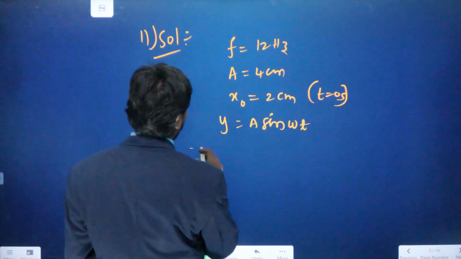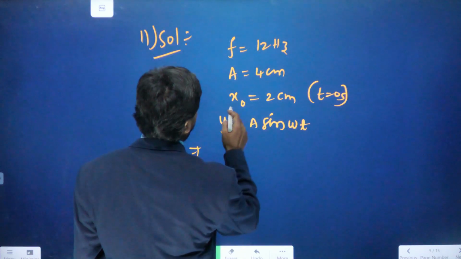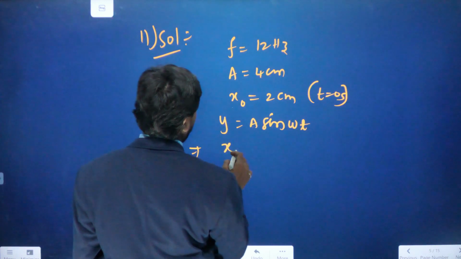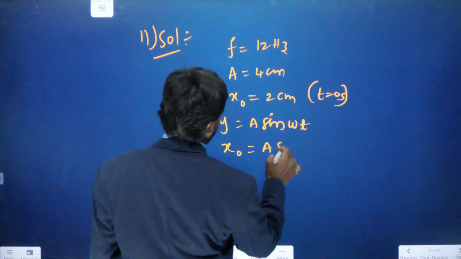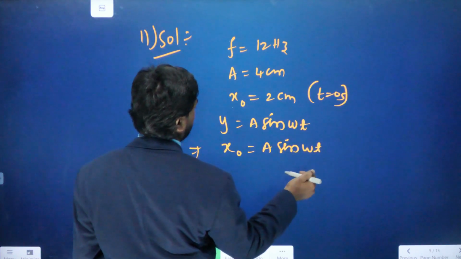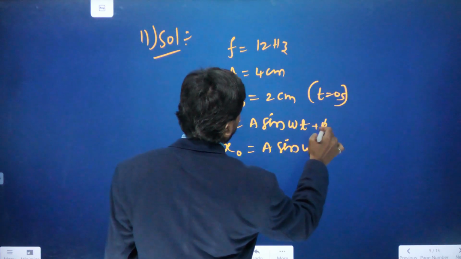Now x naught is given, so we can write x naught is equal to A into sin of omega t plus pi, at the initial position t is equal to 0.